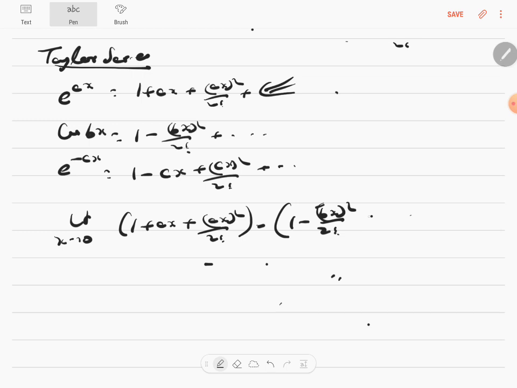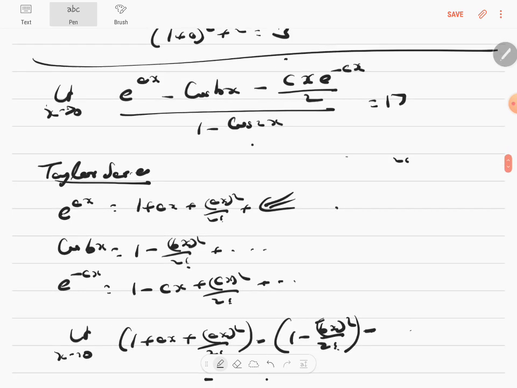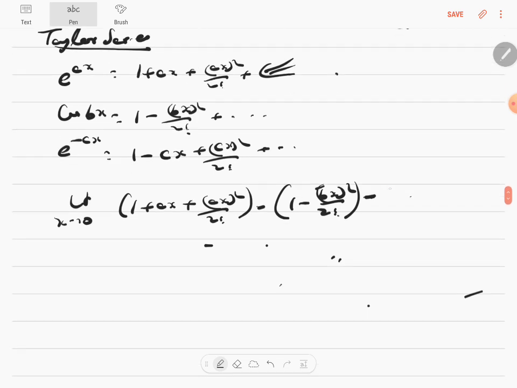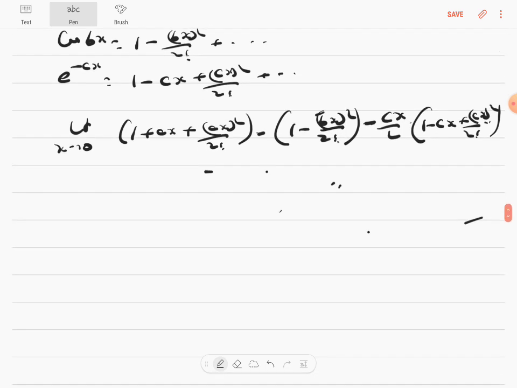Minus for the next one, if you see the cx by 2 is already there, just write cx by 2 and write 1 minus cx plus cx the whole square by 2 factorial dot dot. It goes on, but we can still ignore all those higher powers, and thus simplifying, this 1 and this minus 1 get cancelled. You can consolidate x and x.